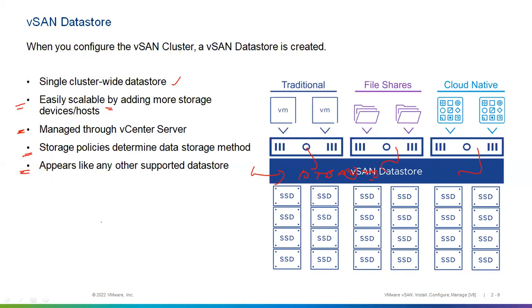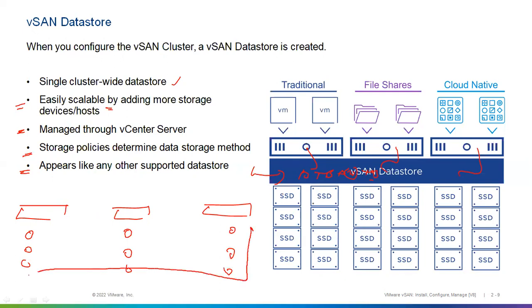So what it's doing is, whatever available ESXi hosts you want to leverage, it is pulling them together and presenting them as a single data store. And how will you create it?